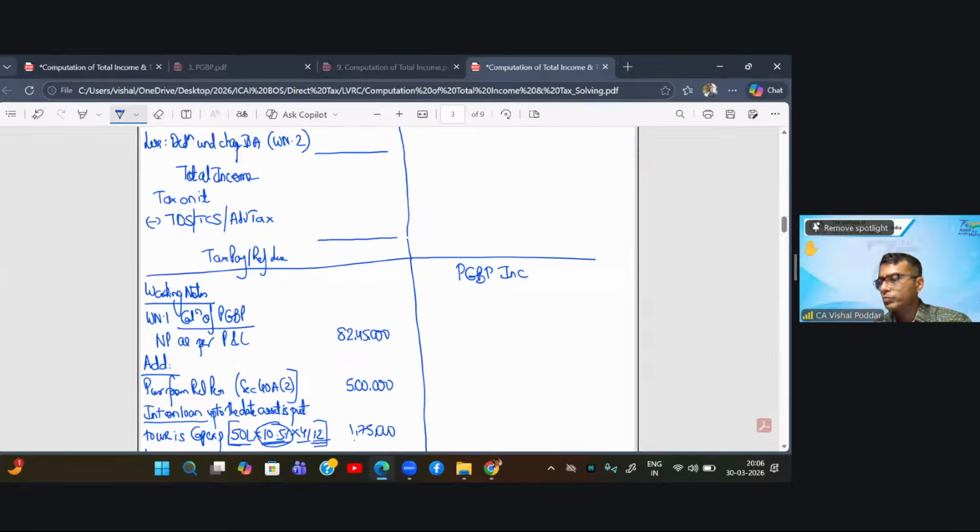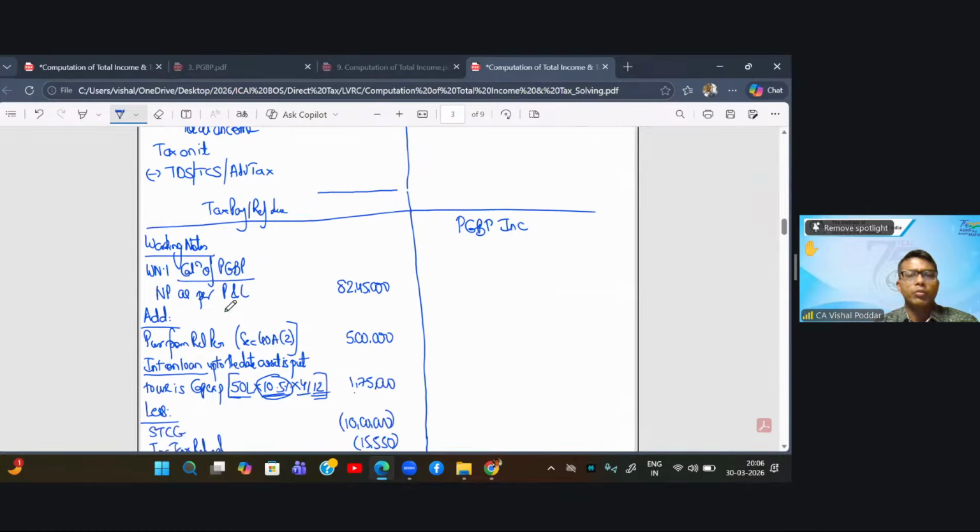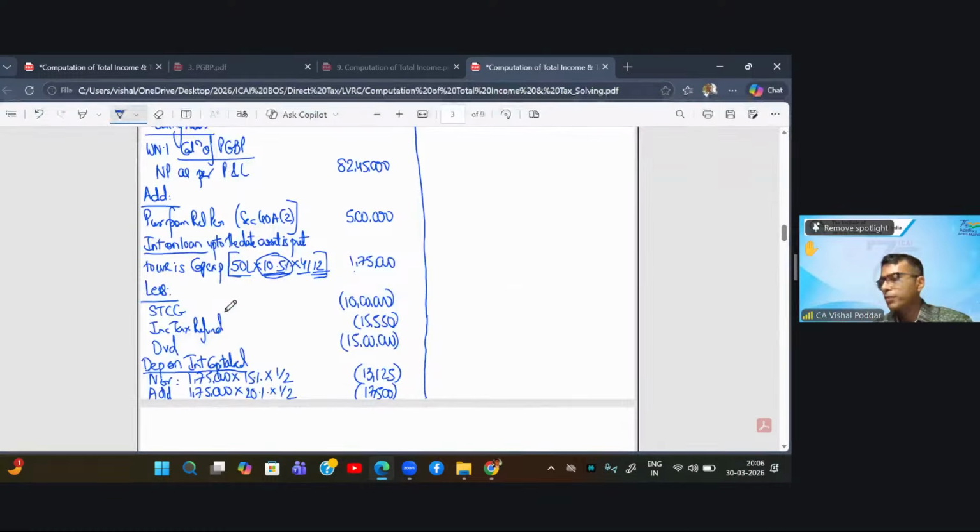So I'm getting my PGBP as the amount 8245 plus 5 plus 175 minus 10, 1550, 15 lakhs, and also minus 13,125 and 17,500.